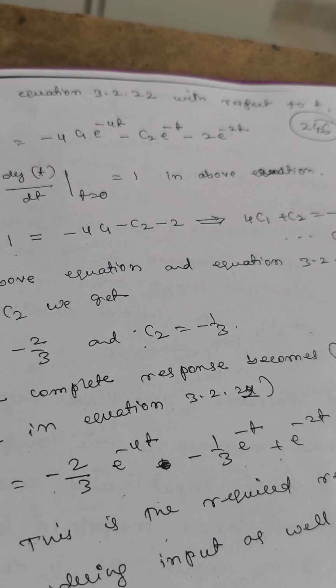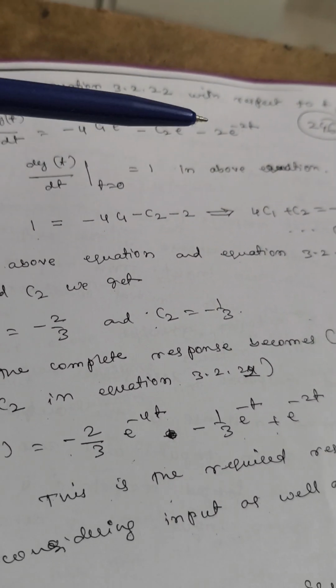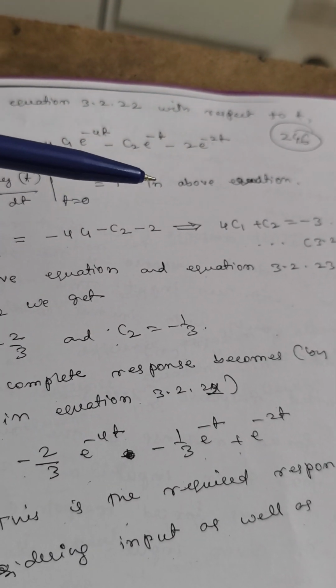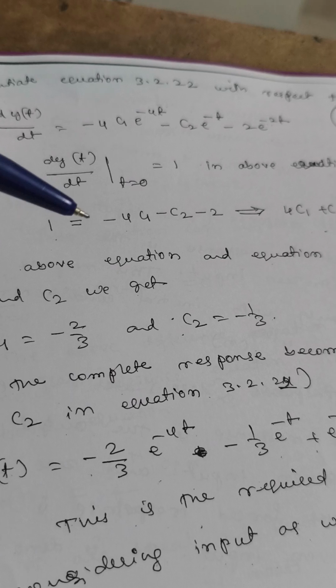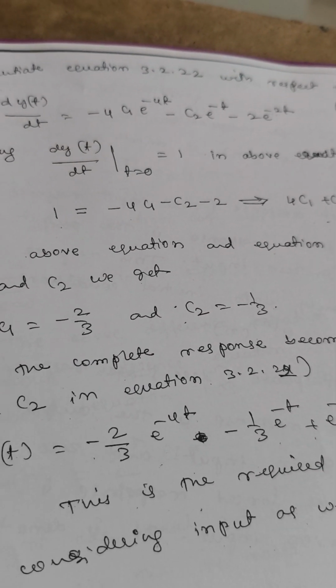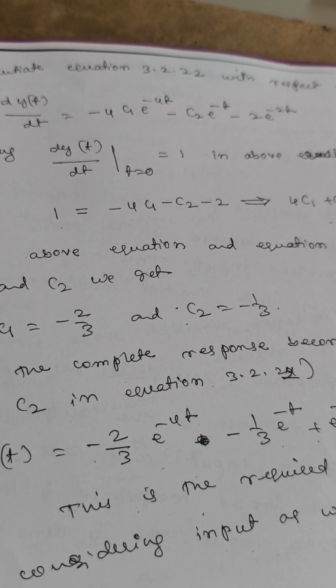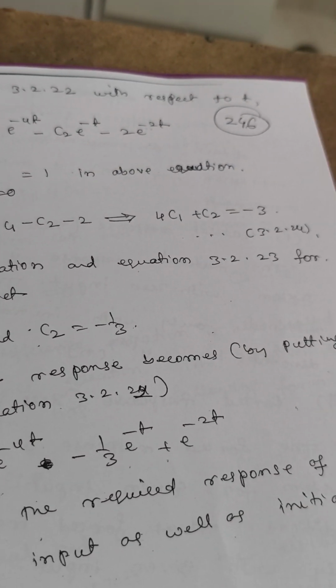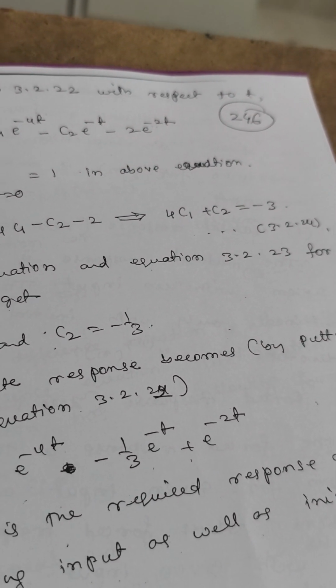Therefore minus 4c1 minus c2 minus 2 equal to 1. Taking these to this side, 4c1 plus c2 is equal to minus 3.